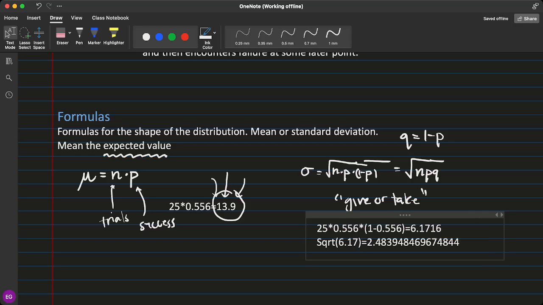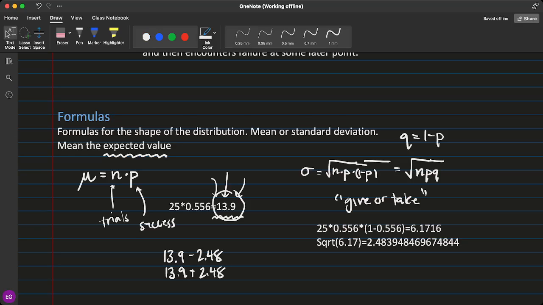Okay, so this means you expect about 13.9 successes out of 25 trials, give or take 2.48. So you might see successes as low as 13.9 minus 2.48 and as high as 13.9 plus 2.48 normally.